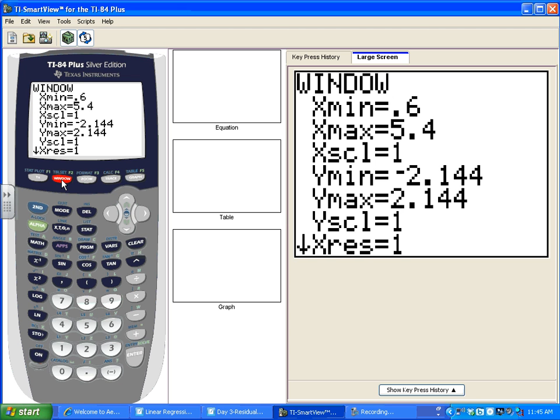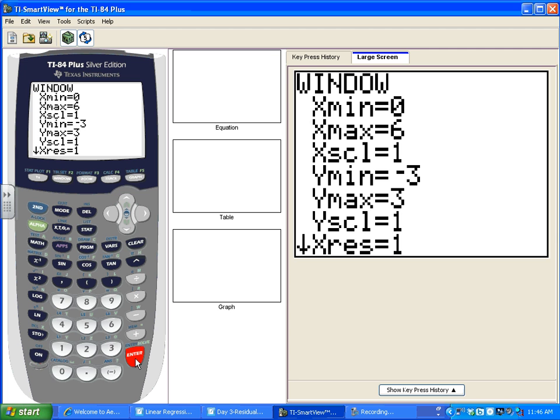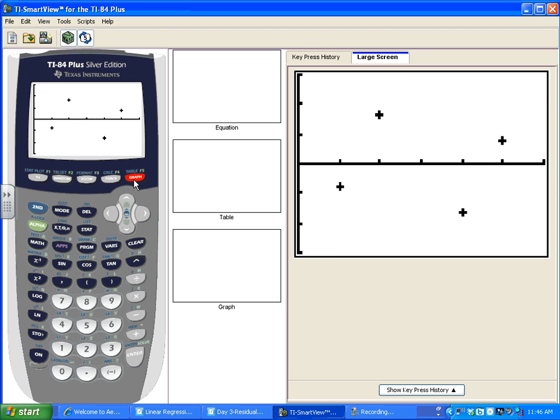And again, you can rescale your window. I would: 0, my max X value 6, my scale I'll keep at 1. Looks like my Y values go from -2 to +2. I'll make that -3 to +3 and keep that at a scale of 1. Just makes it easier for me if I have to transpose it onto a piece of paper.